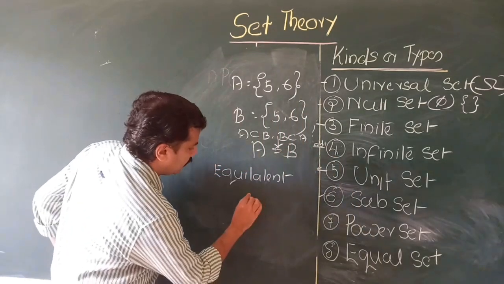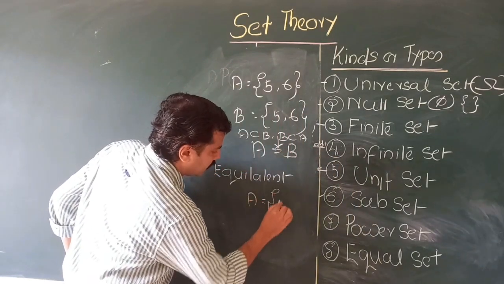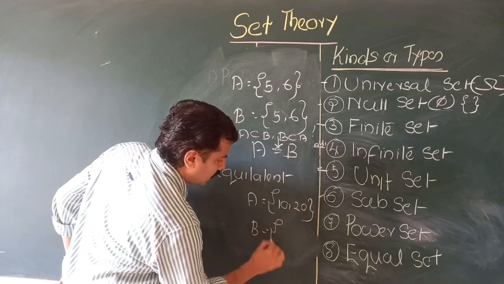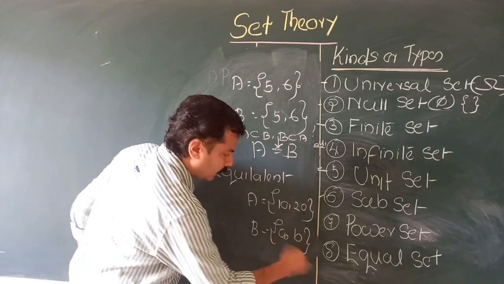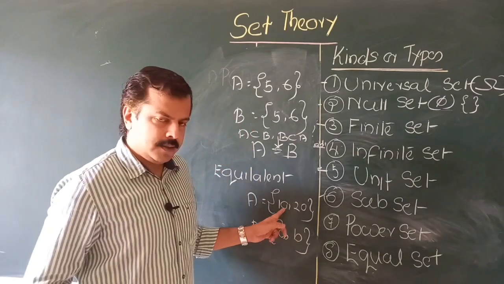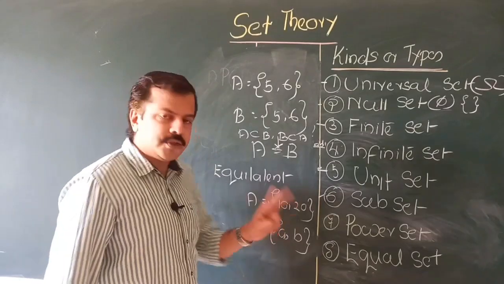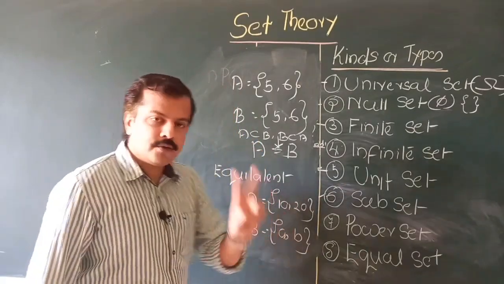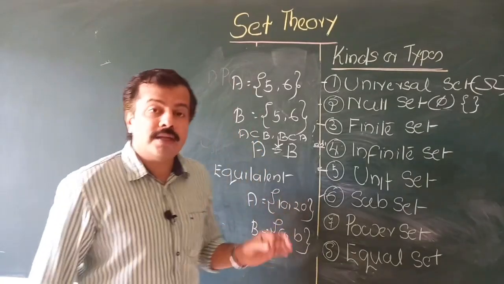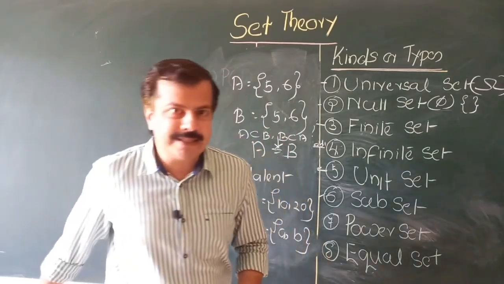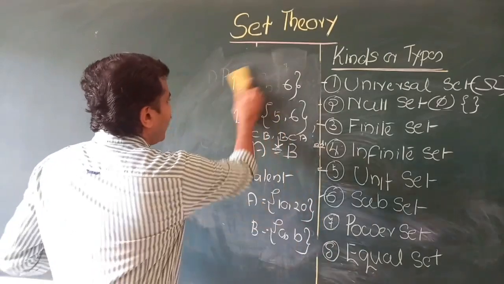For example, say A equals {10, 20} and B equals {a, b}. See here, the elements are not the same, but the number of elements is the same. A includes 2 elements. B includes 2 elements. These are called equivalent sets. So there is a difference between equal sets and equivalent sets, just to clarify that.